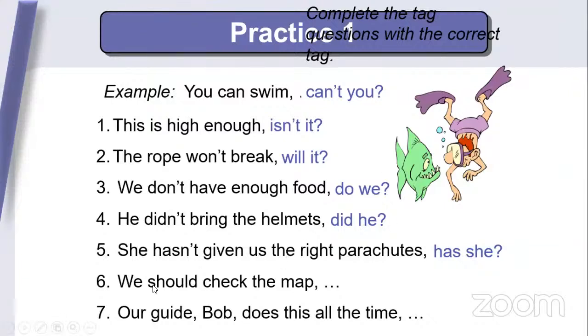Okay, and what about number 6? We should check the map, shouldn't we? In this case, remember, it's positive and it must be negative, right?